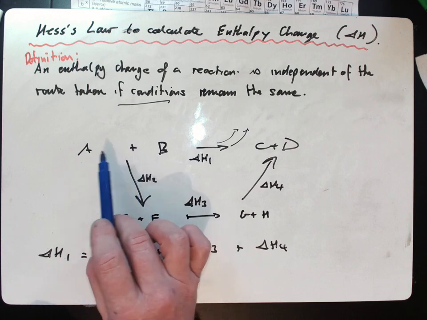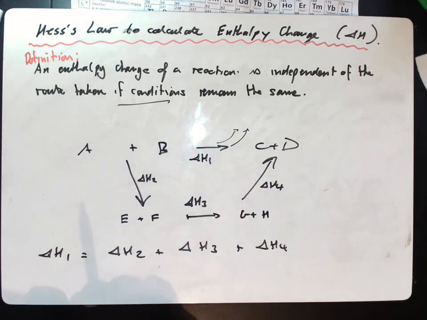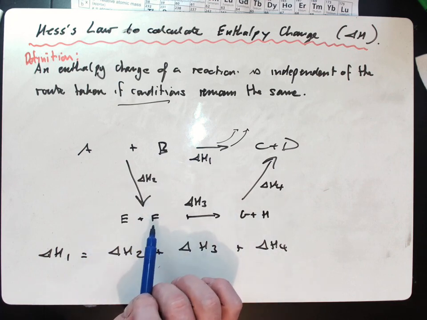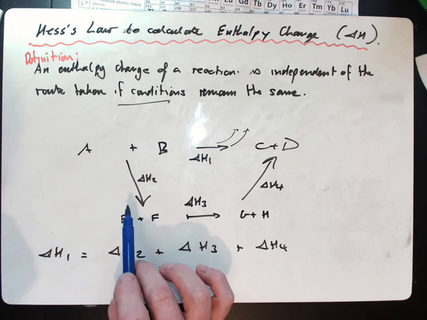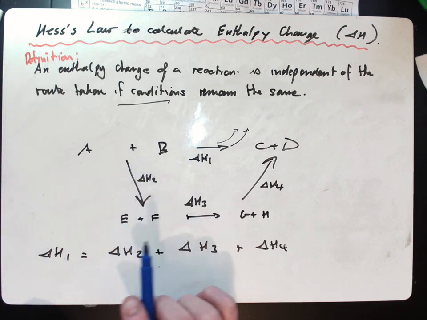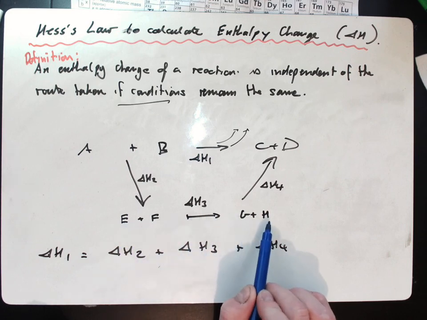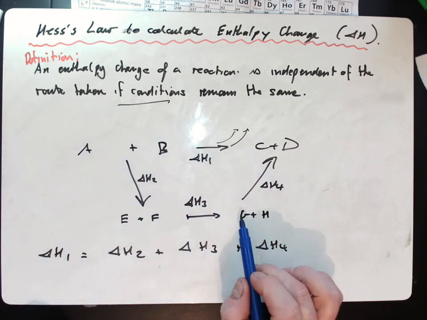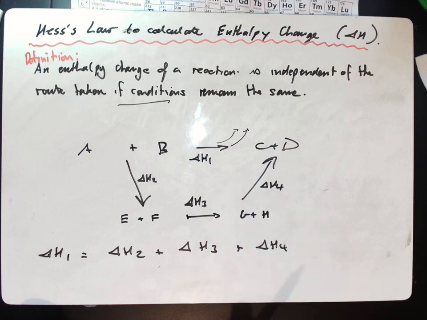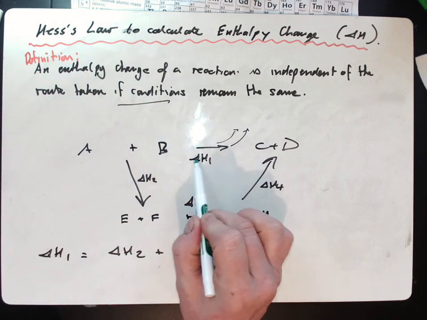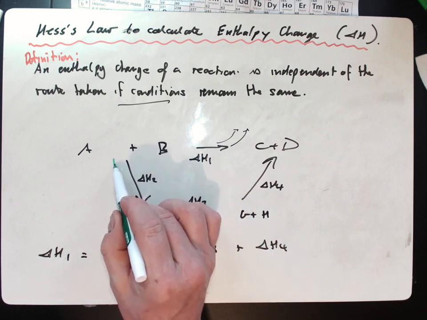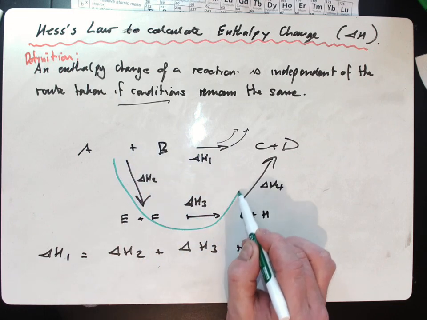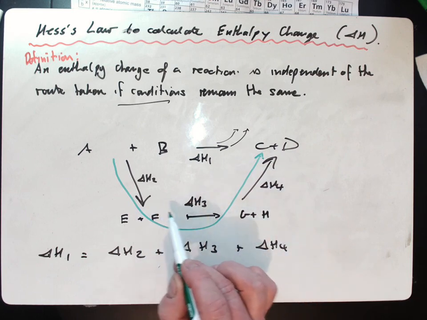So we're trying to look at A plus B to go to C plus D, and for whatever reason we simply can't follow it. But we do know, or can measure, the energy change to go from A and B to E and F, and we can measure an energy change to turn E and F into G and H, and we can measure an energy change to go G and H into C and D. So in these instances we can now apply Hess's law to this situation, because instead of going the delta H1 route, we are going from A and B to C and D, but via an alternate route.